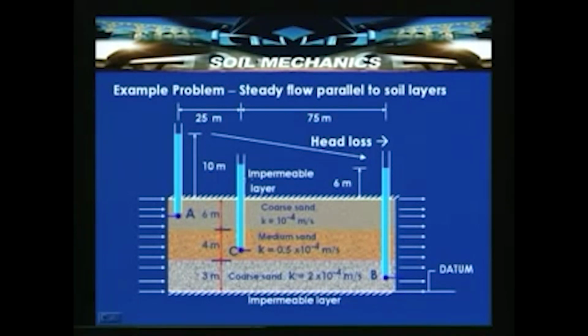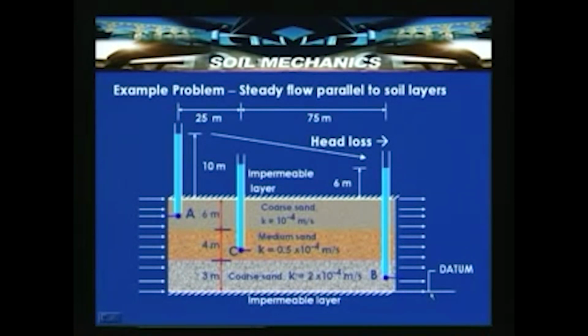That means the head loss is occurring from point A to point B. If you look into the thickness of the layers, the top layer has H1 equal to 6 meters, H2 equal to 4 meters, H3 equal to 3 meters, and consider the bottom surface of the impermeable layer as a datum.